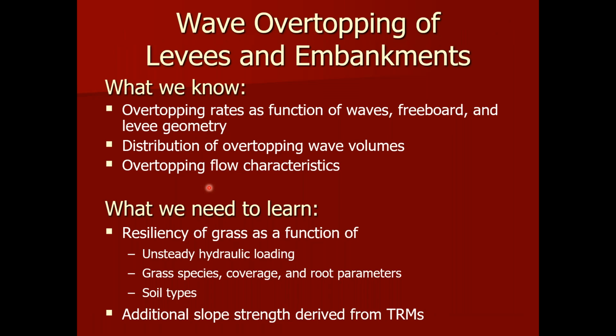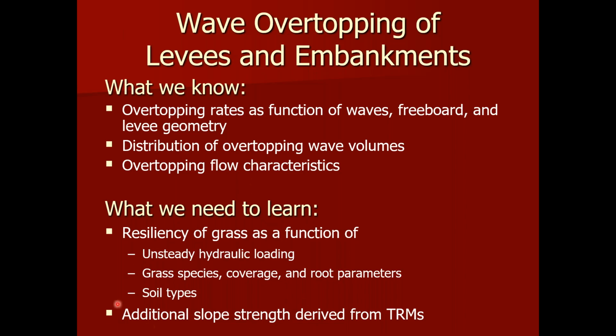We know pretty well the overtopping, the mechanics of overtopping, if you will. The hindcasters and the coastal engineers for decades now have been able to develop distribution volume curves for overtopping flow characteristics for different storm conditions. Just like a channel, every location is different as to the type of stress that we'd see.